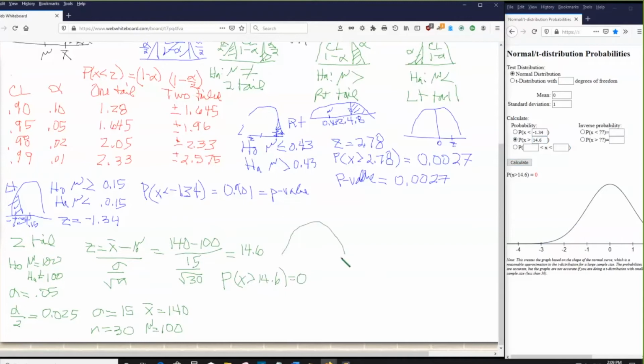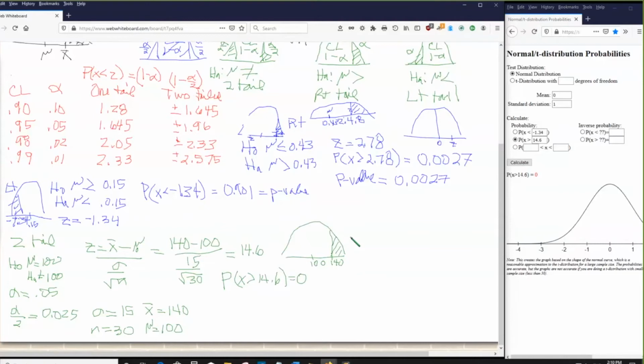If I do my graph, I'm being given a mean of 100, and I want to see if I get a sample mean of 140, and we want this equal, so I want to know what this p-value is.